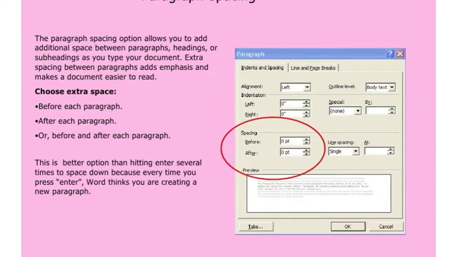Now, paragraph spacing. The paragraph spacing option allows you to add additional space between paragraphs, headings or subheadings. As you type your document, extra spacing between paragraphs adds emphasis and makes a document easier to read.